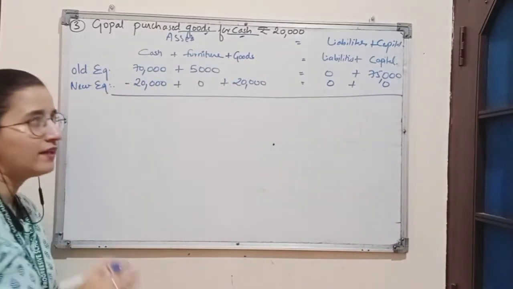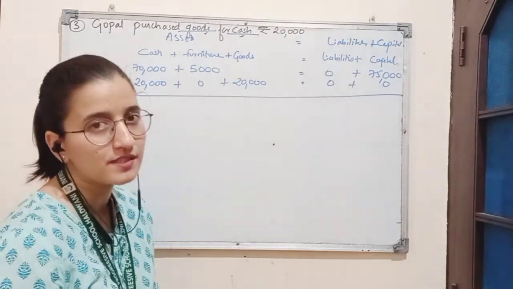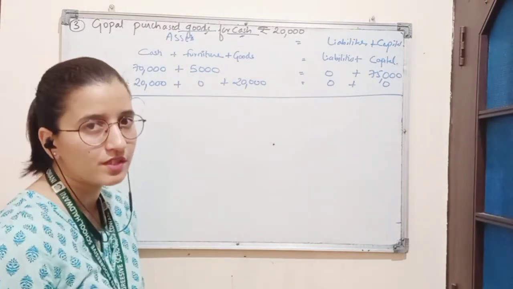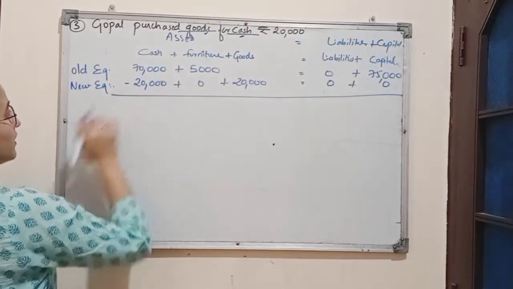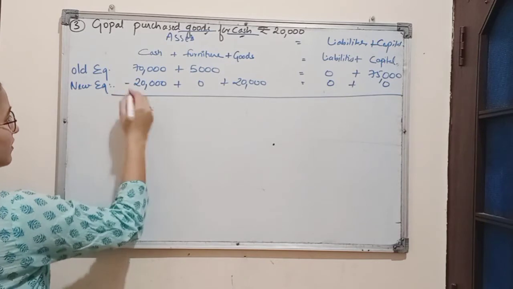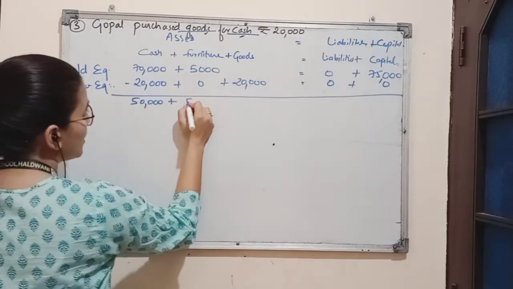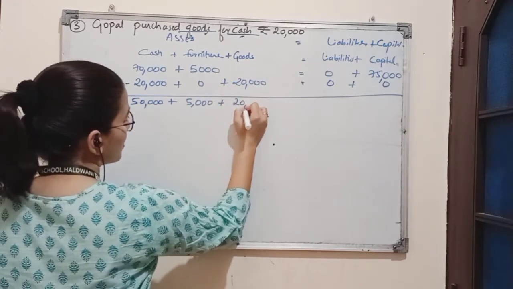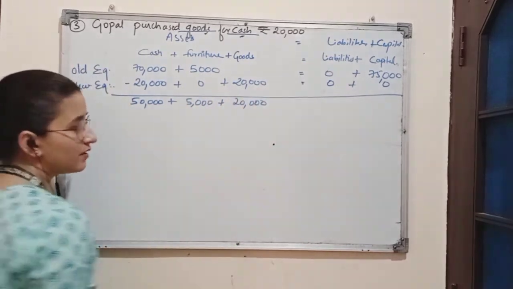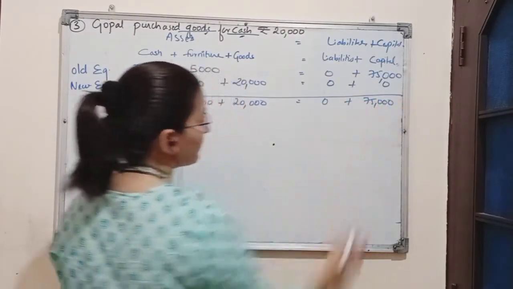So if one asset is decreasing and one asset is increasing in the same transaction, that means the equation is balanced here. Now the amount of cash left is 50,000, furniture 5,000, goods 20,000, liability 0 and capital 75,000.